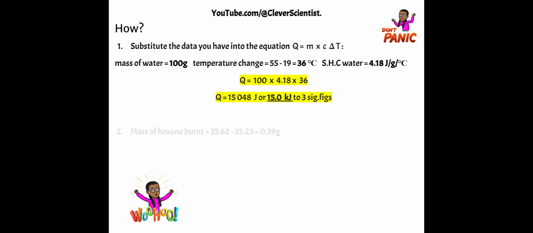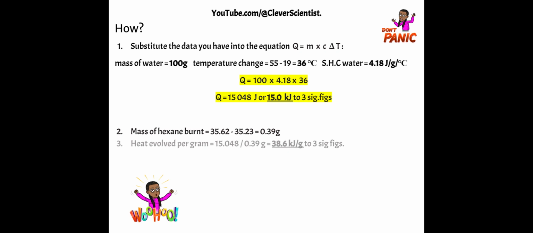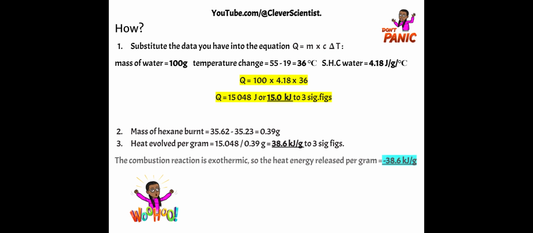Stick those numbers into the equation, and we end up with a heat energy change of 15.0 kilojoules to 3 significant figures. So you've always got to make sure you check how many figures you've got to quote your answer to, because there will be marks for it.